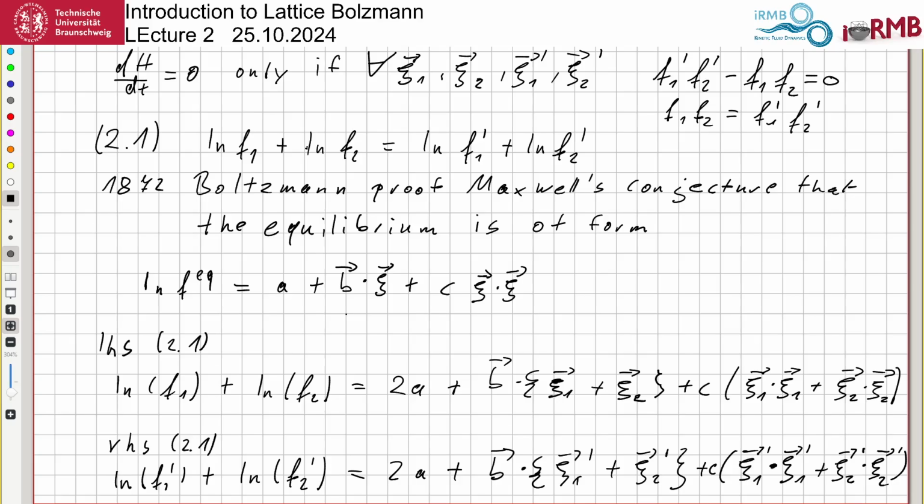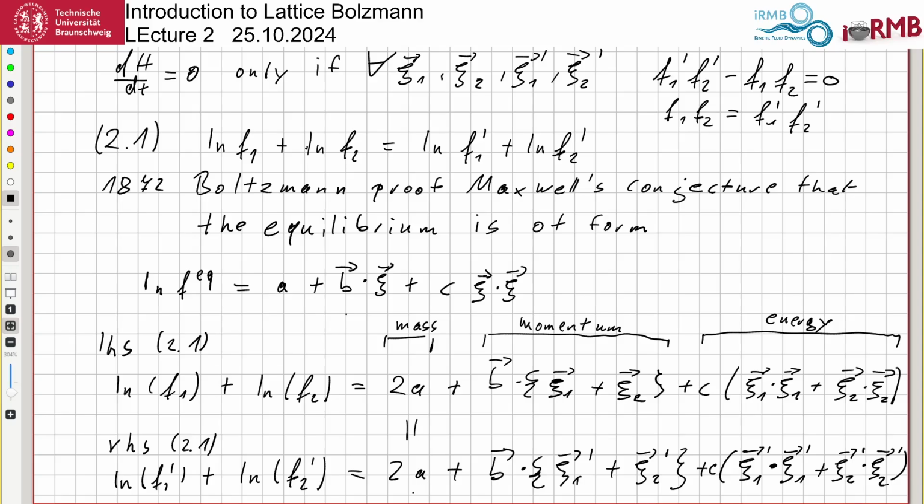Now what we will discover is that we can identify this here basically as the mass, this here as the momentum, and this here as the energy. And there's something else important: these are different parts of a polynomial, so each of them has to be equal individually.